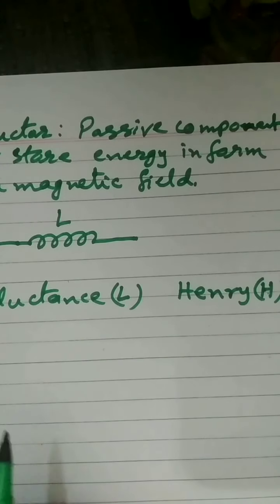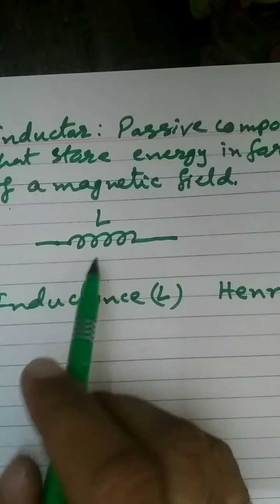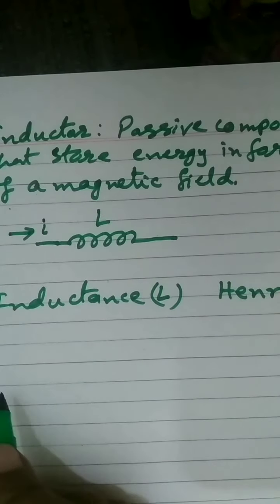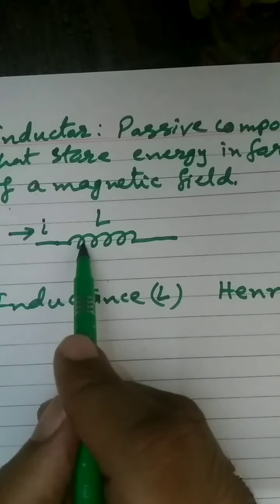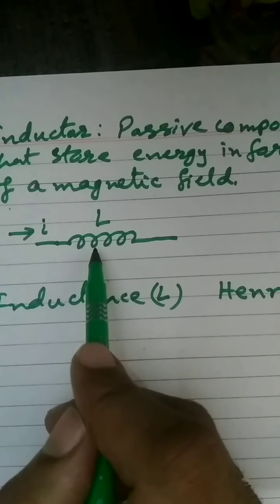It can be seen that an EMF generated in a conductor by changing a magnetic field is proportional to the rate of change of magnetic field, and this effect is called the inductance. So let's say through this inductor we pass a current I. When the current is flowing through this inductor, it will develop a magnetic field, and this magnetic field will cut the inductor itself.